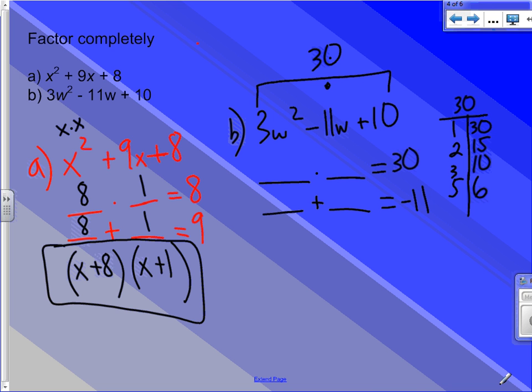Now, one of those 4 pairs should somehow give us negative 11. You might have to add negatives to one or both of the numbers, but we should be able to get to negative 11 using one of these pairs.